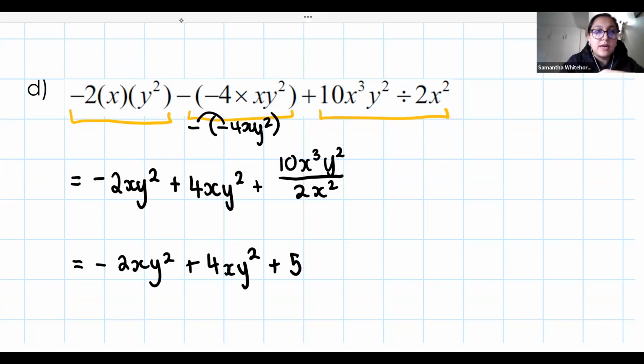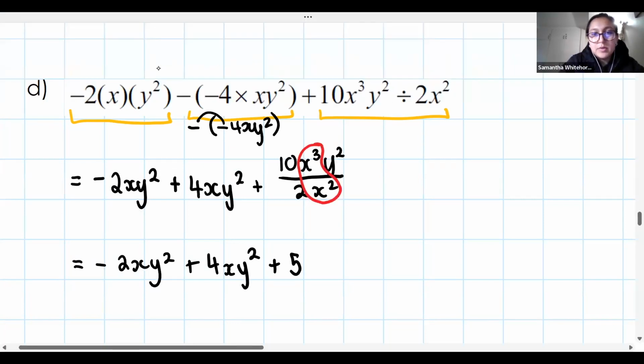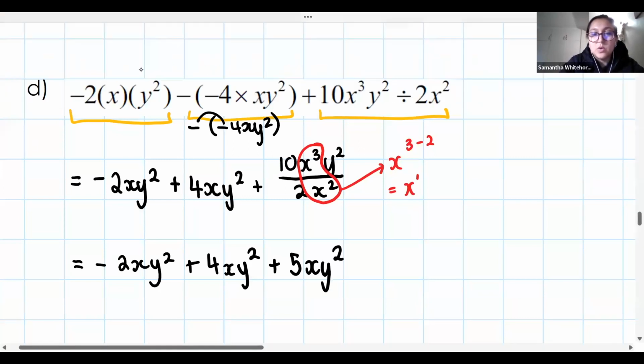And if we have a look at our variables now, if we look at the x's, remember we were told earlier that we subtract exponents when we divide. So x cubed, or x to the power 3 minus 2, simplifies to x to the power 1, or just x. There is no y in the denominator, so it doesn't do anything. It just stays y squared.